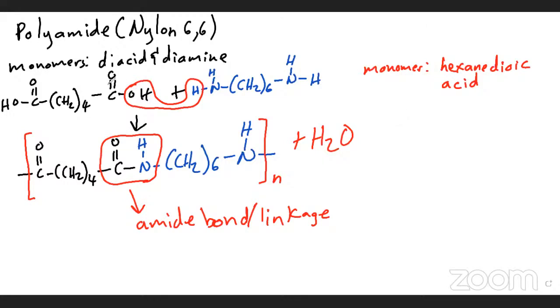Because it's 2 carboxylic acid groups, but the exact name of it is hexane dioic acid. Oh, understood, sir. Right. So just like with the ester, it would have been diacid and dialcohol, but you should know the specific name. All right.